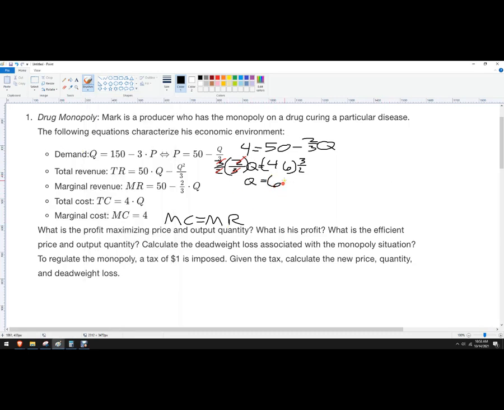So this is the amount of products that a single price monopolist, or a firm that has a monopoly, would want to produce.